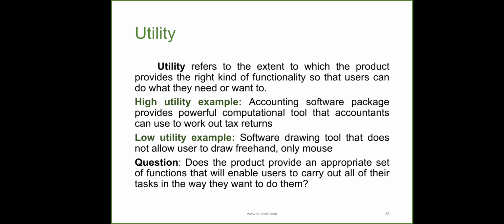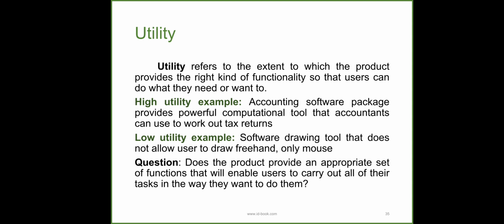For utility, this refers to the extent to which the product provides the right kind of functionality so the users can do what they need or want to do. This refers to the level where the product could provide certain functions that the user needs.